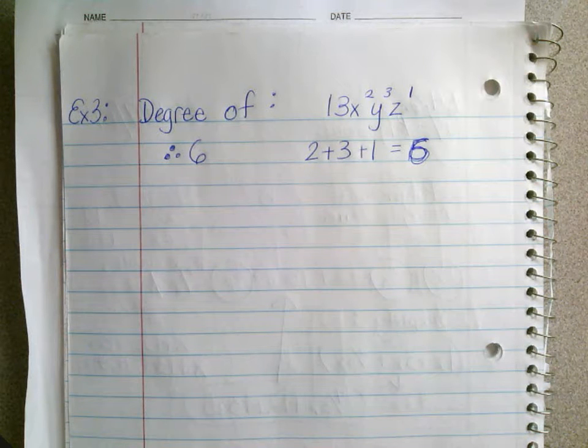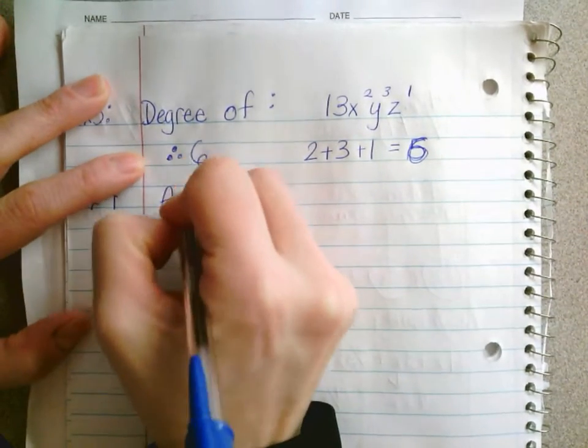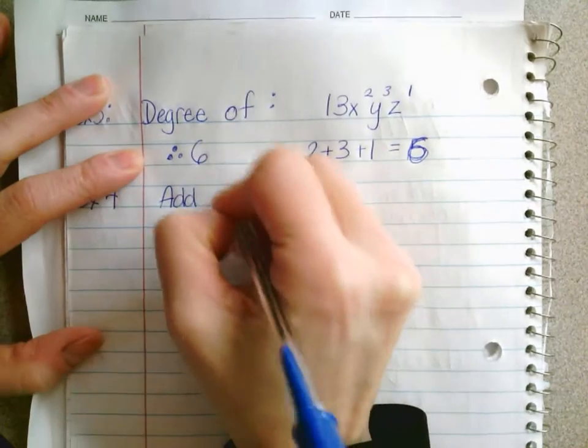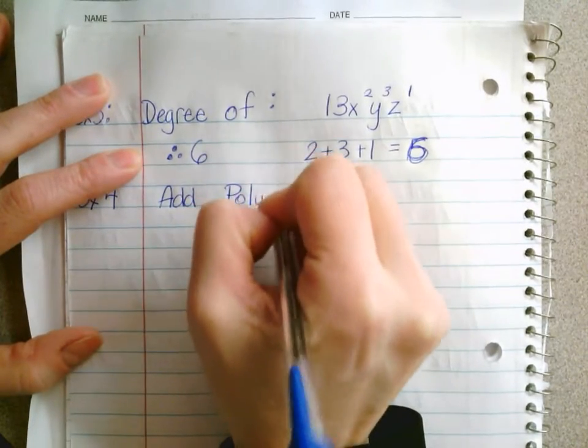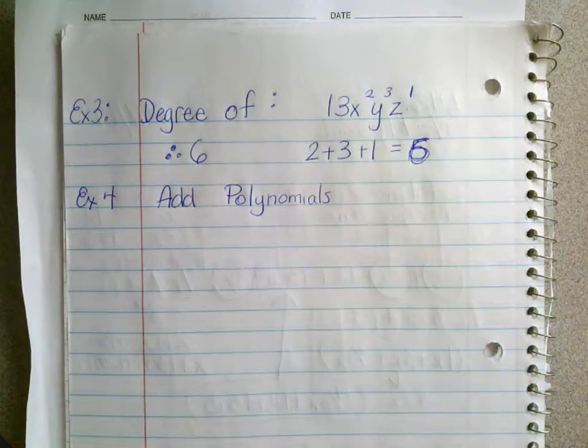Okay, examples 4 and 5, and this is where it gets a little bit tricky. Example 4, not so much. We're going to add together polynomials real quick. This I don't feel is too difficult.